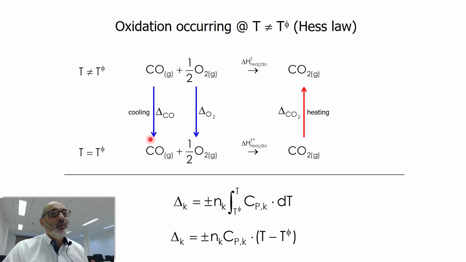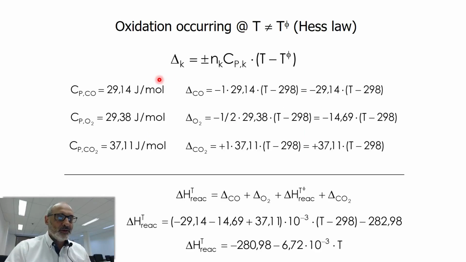And remember, when we give heat to the system, we are considering this a positive heat. When the system releases heat, the system meaning in this case CO, when CO releases heat, this means negative. So negative here is because heat is being removed from CO.